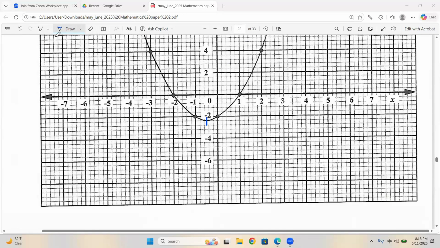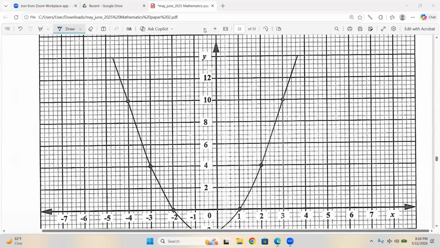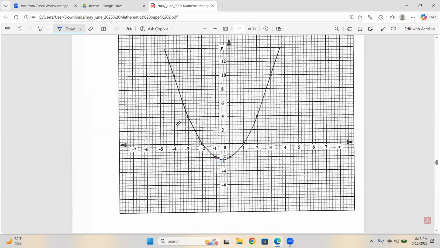If instead the graph comes the other way, or if you had to draw it this way, they may ask you for the maximum because it's the higher part. So you're looking for the highest point. You find the middle of the graph and the highest point, based on the y-axis you read. So if he has 12 here, this would have been like 14.